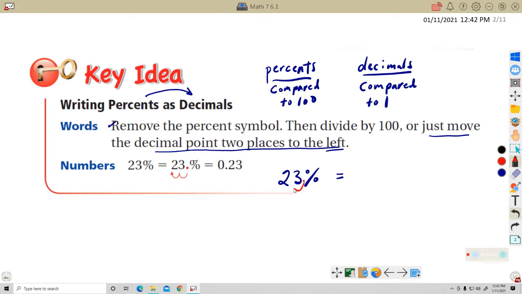I move it 1 place to the left, that's like dividing by 10. I move it 1 more space, that would be like dividing by 100. So my new answer is going to be 0.23, or sometimes we'll put the 0 in front of it. All right, so there's our first big example here.